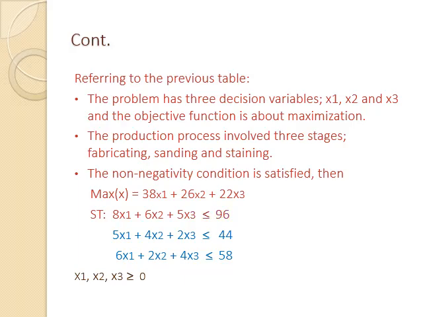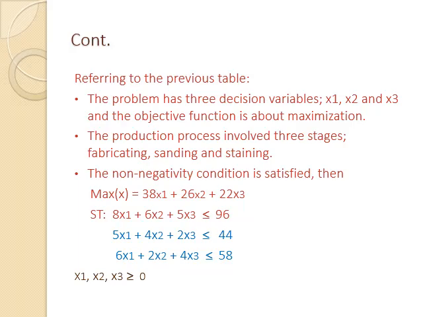Constraints. The first constraint belongs to the first stage, fabrication, where 8x1 plus 6x2 plus 5x3 must be less or equal 96. More than 96 hours is unacceptable.